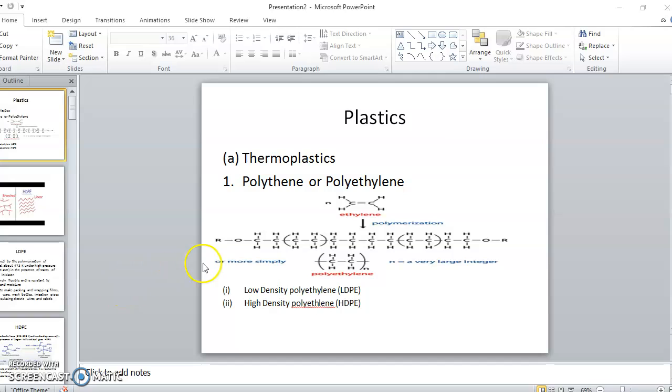Ethylene is CH2=CH2; n times CH2=CH2 upon polymerization gives polyethylene, which is (CH2-CH2) n times. Remember, polyethylene has two types: low density polyethylene, LDPE, and high density polyethylene, HDPE.